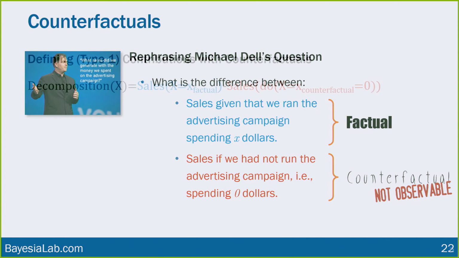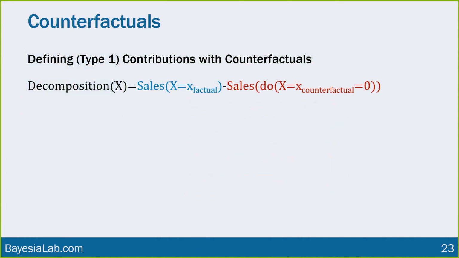So we're trying to use that difference between the factual and the counterfactual to define contributions. And I'm introducing another term here, decomposition, which really is the measure or the difference between the actual outcome and the counterfactual outcome.